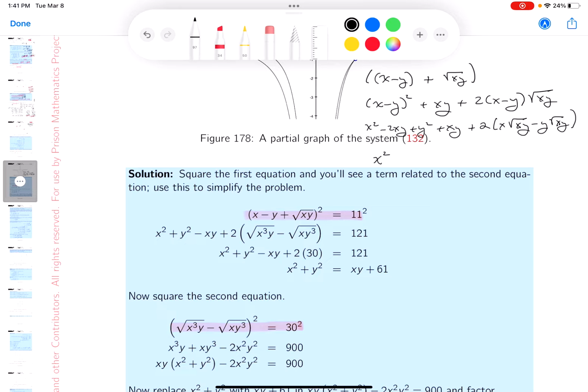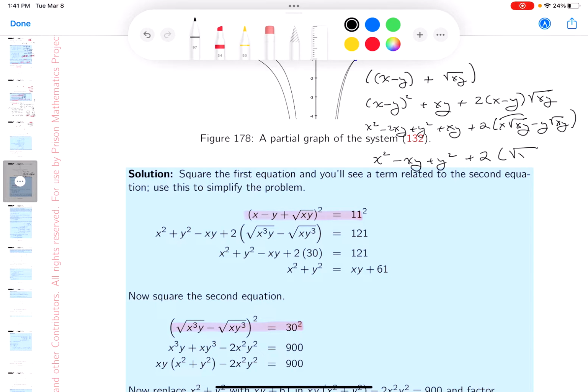All right, now I can simplify this a little bit. I get x squared minus xy plus y squared plus 2. And this is kind of a tricky thing to do. We bring the x on the inside. And what does that give me? That gives me x squared, I'm sorry, that's x cubed. It's x squared times x, my error. Again, when I bring the x on the inside, it's x squared, and there's already an x there, so it's x cubed.